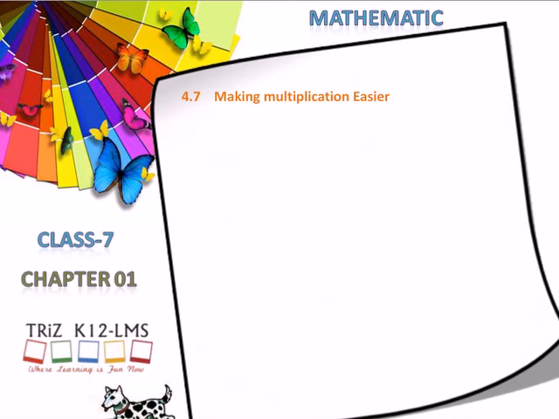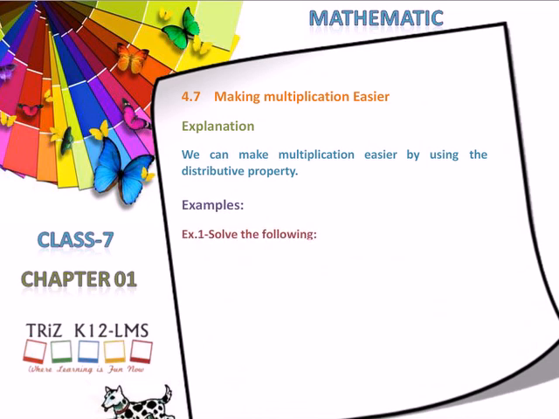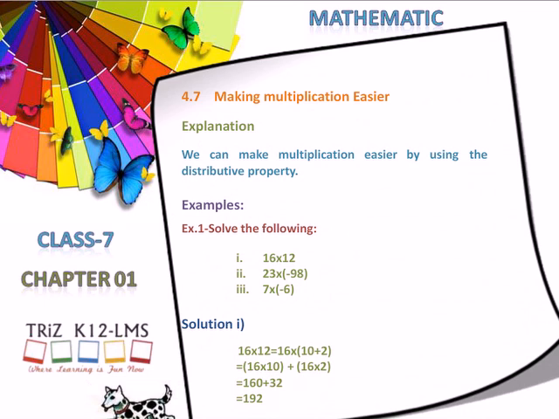4.7. Making multiplication easier. Explanation: we can make multiplication easier by using the distributive property. Example 1. Solve the following: 16 × 12, 23 × -98, 7 × -106. Solution 1. 16 × 12 = 16 × (10 + 2) = 16 × 10 + 16 × 2 = 160 + 32 = 192.